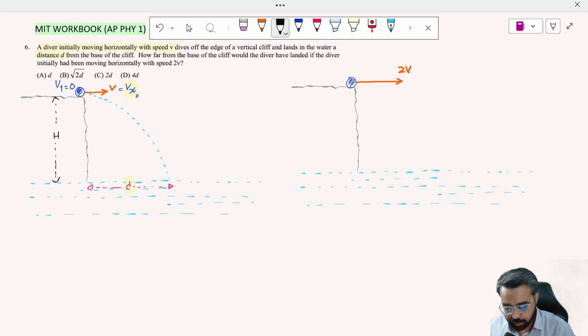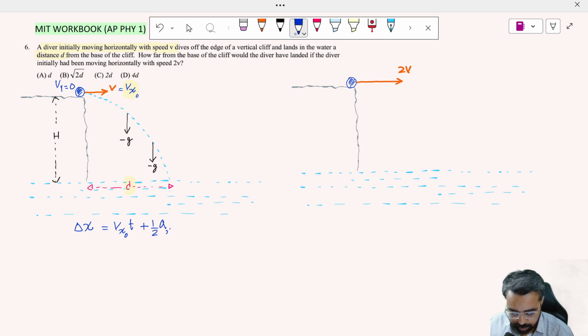This is a constantly accelerated motion, a free fall, with acceleration due to gravity. So why not apply the kinematics equation? The equation for the horizontal motion is: initial velocity multiplied by time plus 1 over 2 acceleration along the x-axis times t squared. This is one of the kinematics equations.